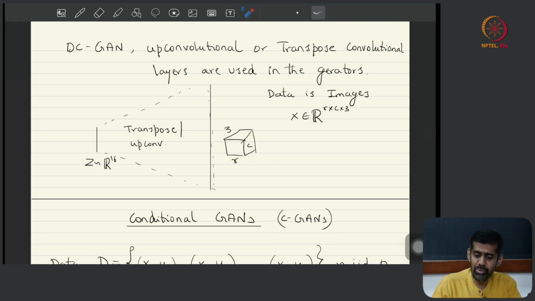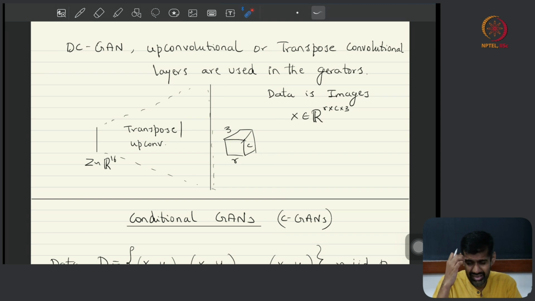To do that, people use what is called transpose convolution or up convolution. Basically, the idea is that of upsampling, because you need to start with lower dimensions and go to higher dimensions. And if you have to convert a vector into a grid of shape or tensors that have 2-dimensional or 3-dimensional topological shape, you use these kinds of network activations called up convolutions or transpose convolutions.